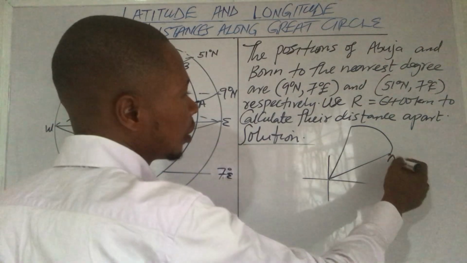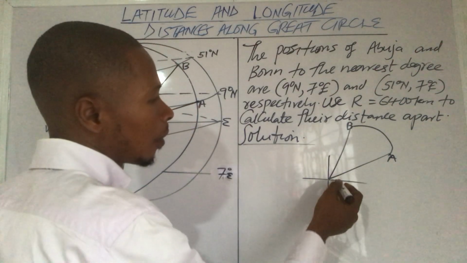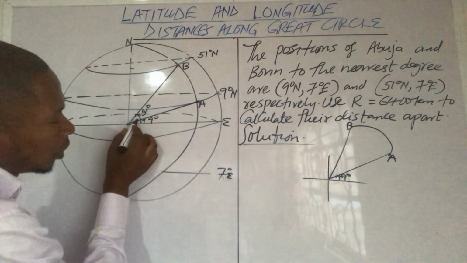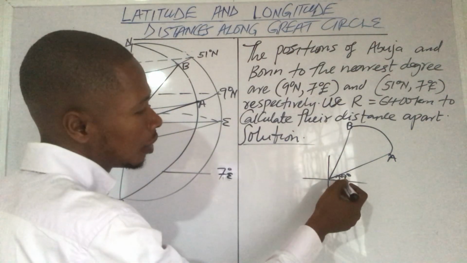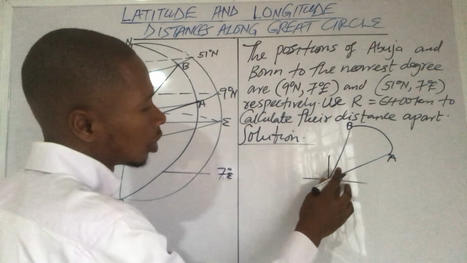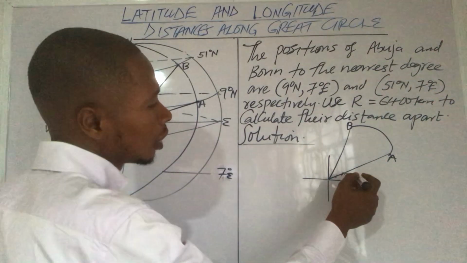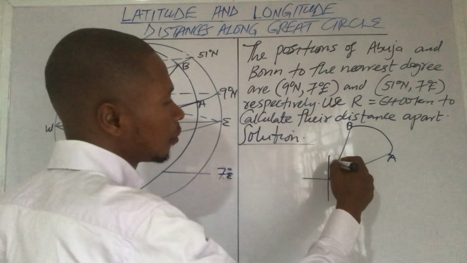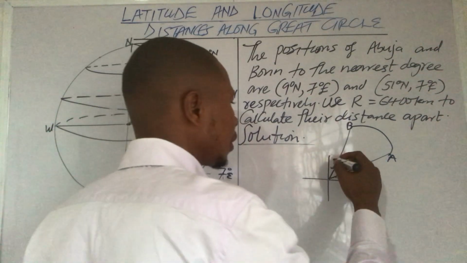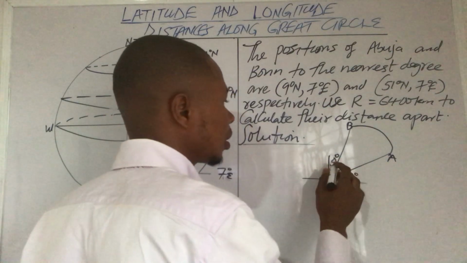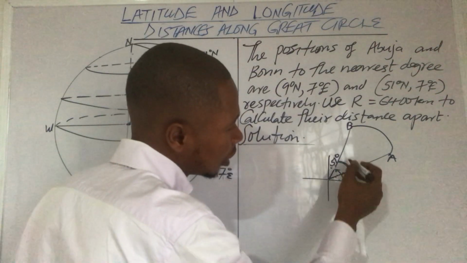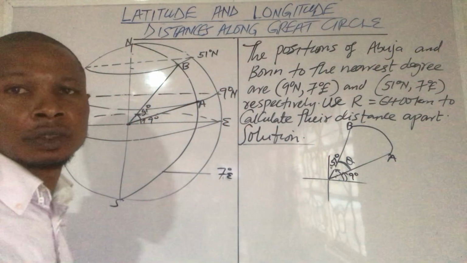This is my A, this is my B. From here to here is the 9 degrees, while from this place to this place is the 51 degrees. So the angle between the two places, this angle here, is our angular difference.